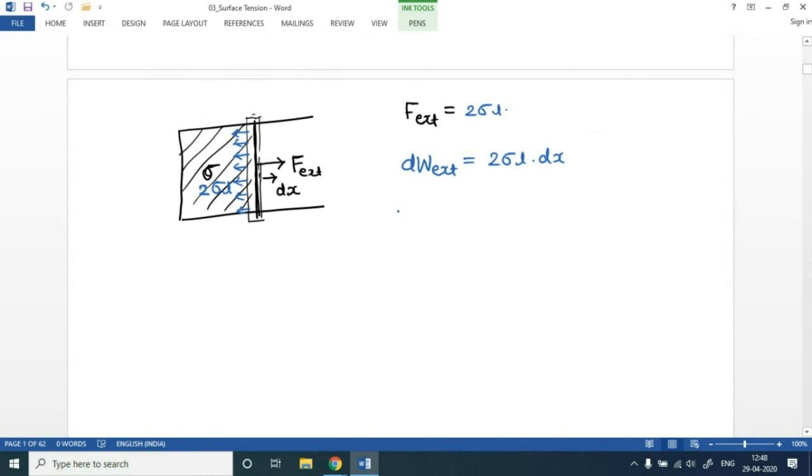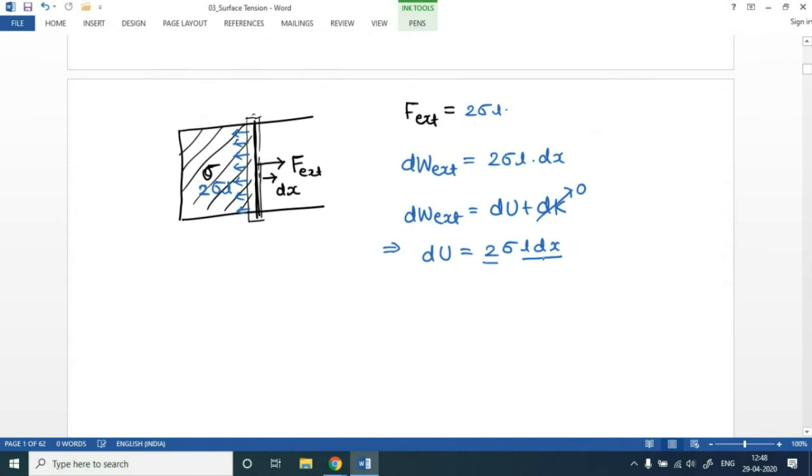Now, using the work energy theorem, dW external is equal to dU plus dK. Since we are moving it slowly, this dK term will be equal to 0. So we will be left with dU equal to 2 sigma L dx. And now you notice L dx is the increase in surface area on one side.